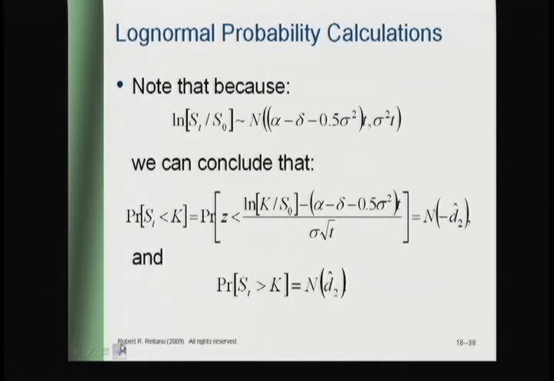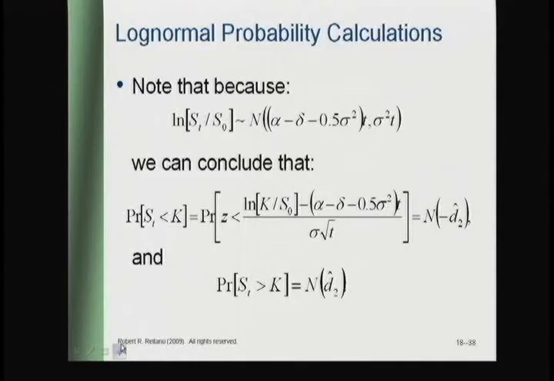So, first of all, we know that the log of the ratio of ST and S0 is normally distributed. That's simply our model, and it's the definition of log normally distributed S. Another way of saying it is that we're assuming the return from time 0 to time t is normally distributed with the parameters we see here in the normal notation.